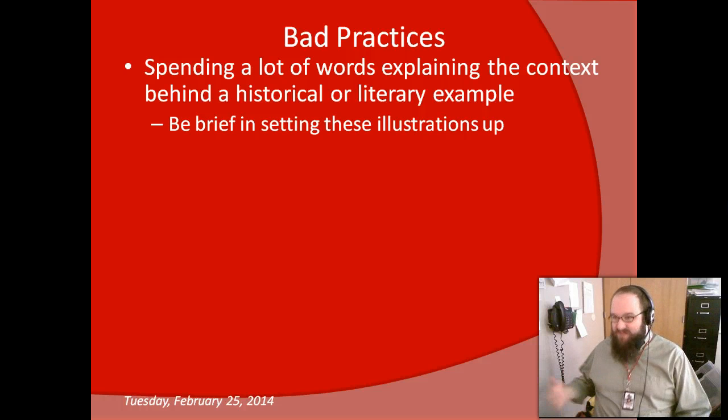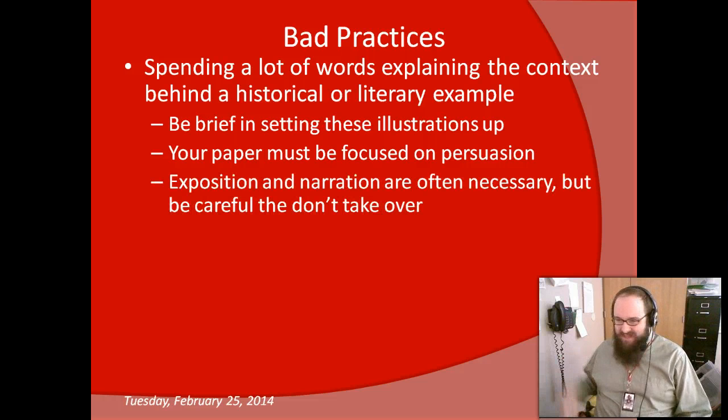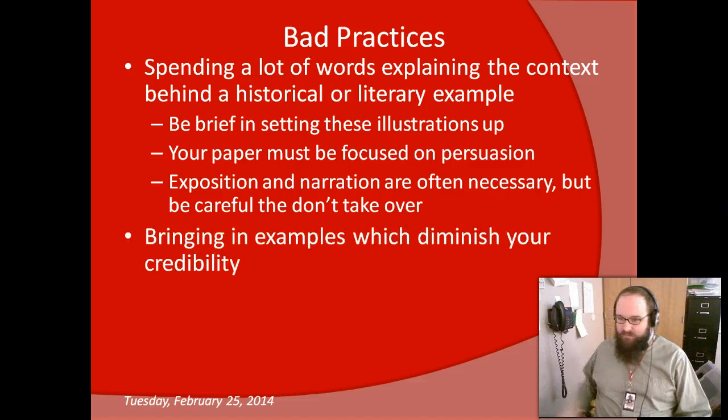So be brief in setting up the historical or literary illustrations that you want to use. Just get to the point. Your paper must be focused on persuasion, not on exposition. Exposition and narration are necessary to help me understand what you're talking about, but if you spend half the page just on narration, like all the events that led up to the Great Depression, ask yourself, is this necessary to persuasion, or can I just skip to the end?